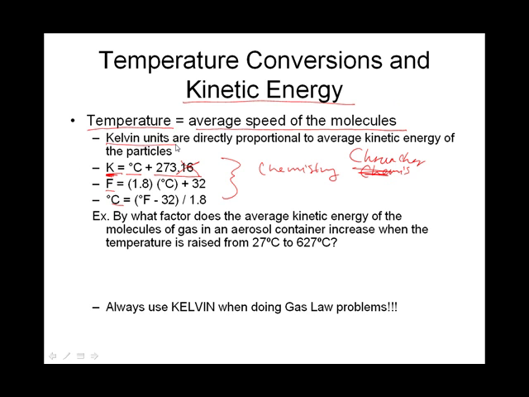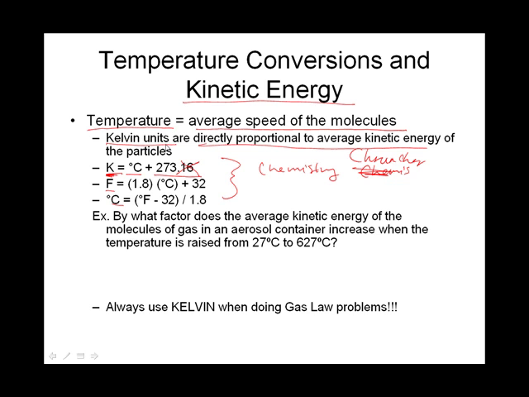Kelvin units are convenient when we do gas conversions because they are directly proportional to the average kinetic energy of the particles. So let's take for instance this question down here. By what factor does the average kinetic energy of the molecules of a gas in an aerosol can increase when the temperature is raised from 27 degrees Celsius to 627 degrees Celsius?